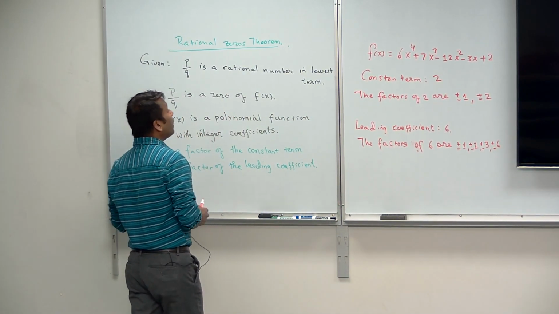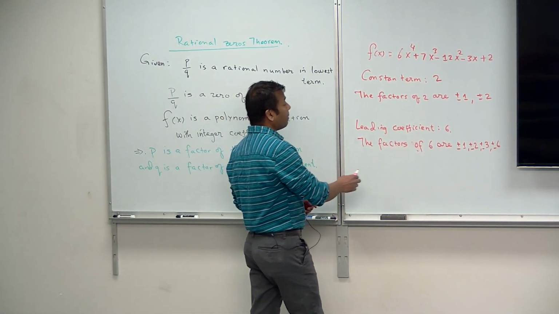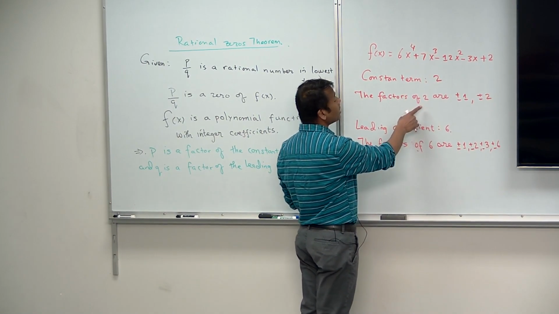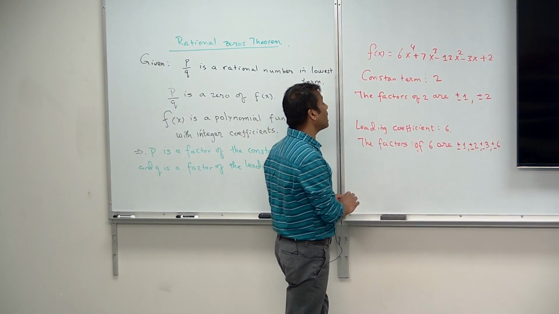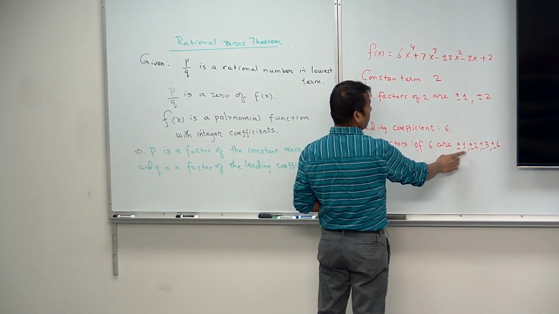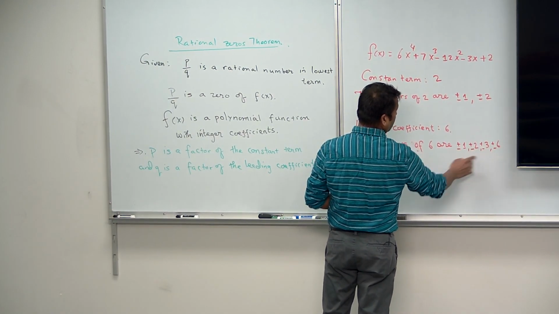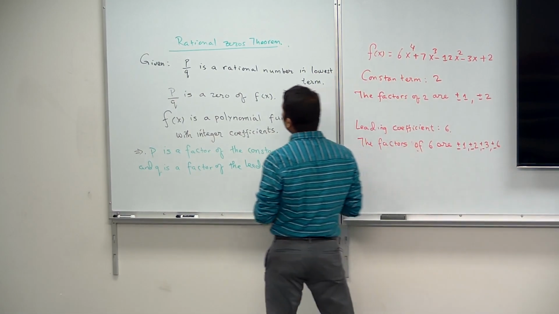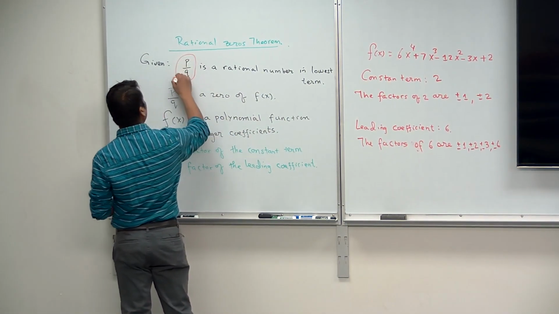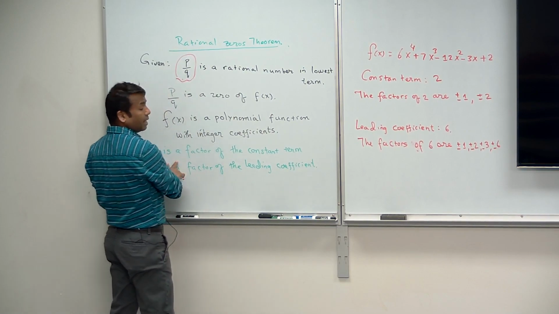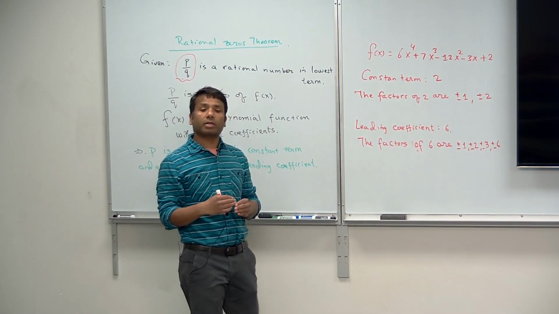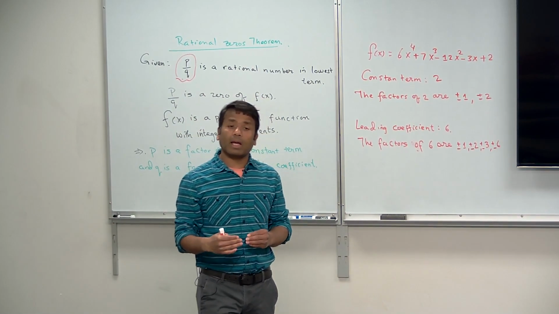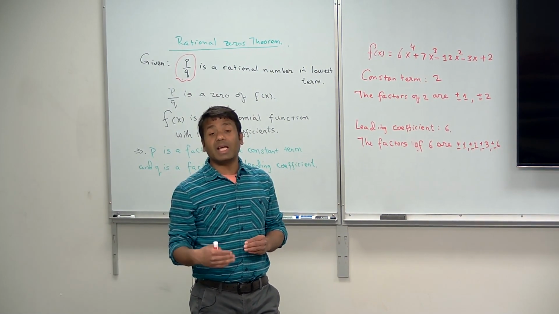Now, if we divide the factors of the constant term by the factors of the leading coefficient, because we need P over Q. But what is P here? P is a factor of the constant term. So you have a factor of the constant term divided by a factor of the leading coefficient.